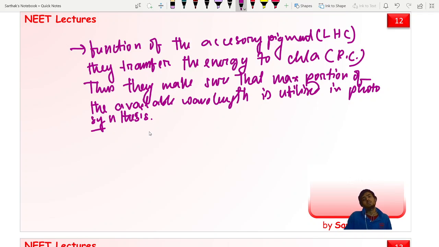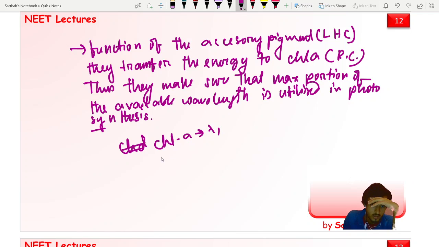So what I am trying to say is, suppose chlorophyll A shows its maximum photosynthesis at lambda 1, and carotenoid shows its maximum photosynthesis at lambda 2, and lambda 2 is also available along with lambda 1.